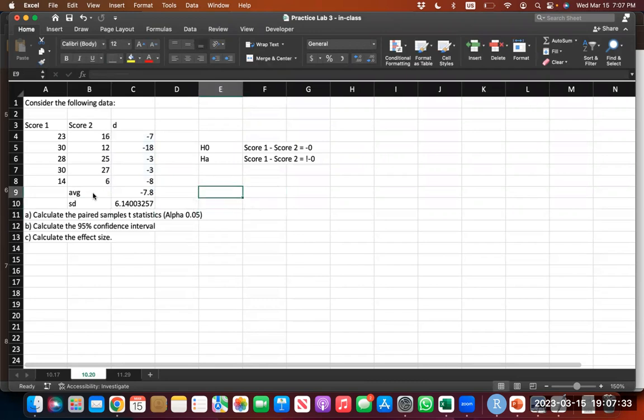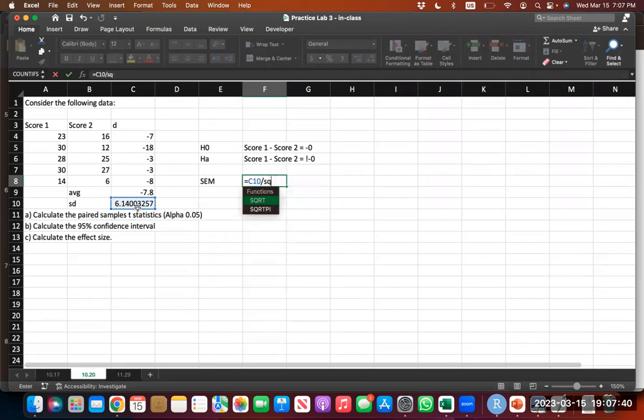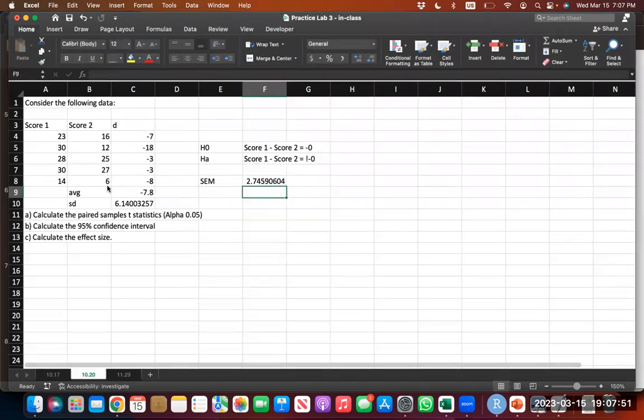So now the standard error of the mean to characterize our comparison distribution equals standard deviation divided by the square root of our sample size, which we know is 1, 2, 3, 4, 5. Square root of 5 gets us 2.75 as our standard error of the mean.